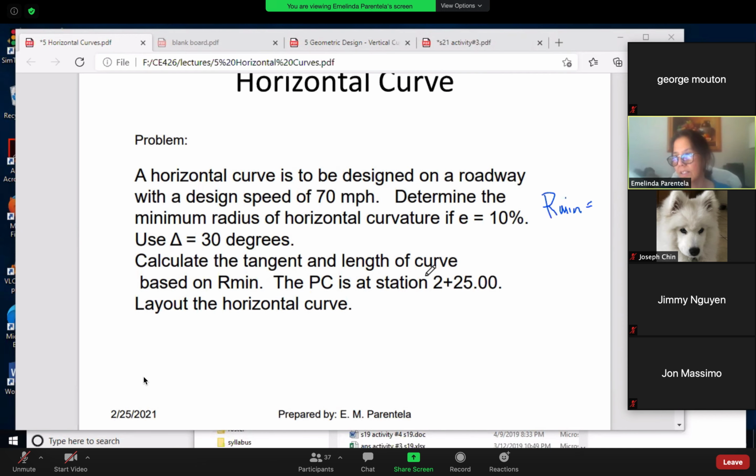Table 3-9 of your textbook, page 120, table 3.9. f_s is equal to 0.10 for 70 miles per hour.